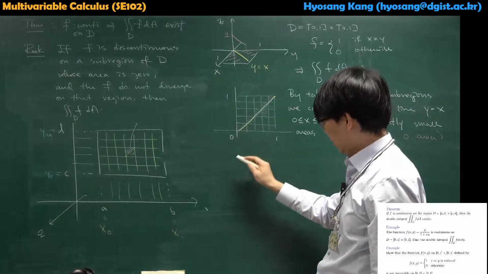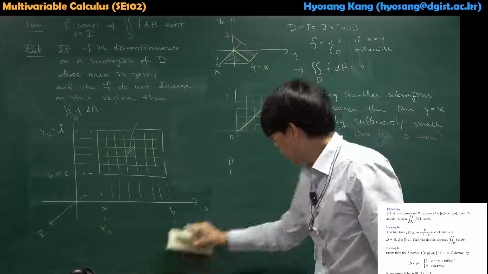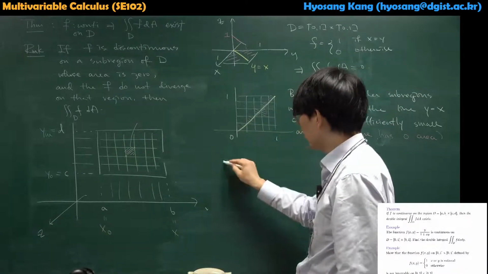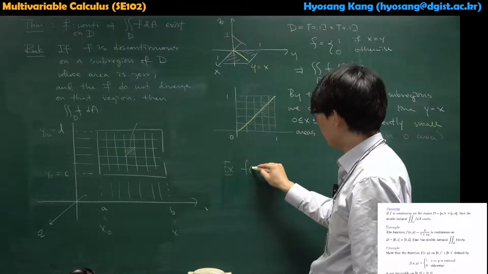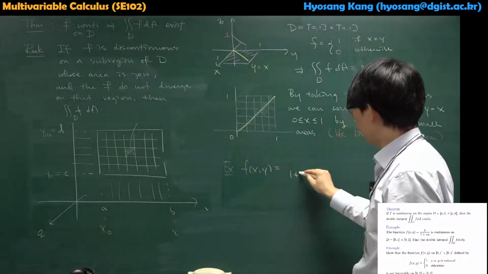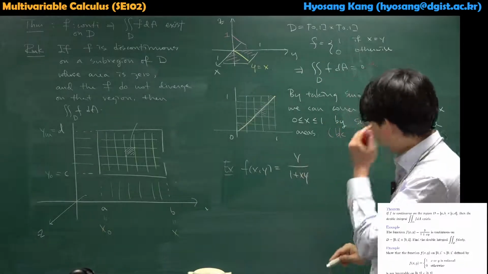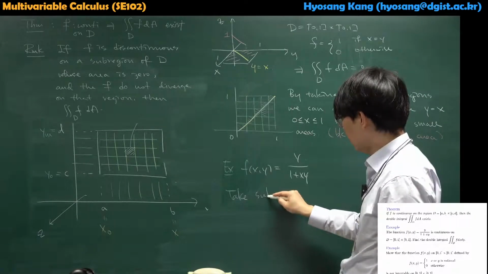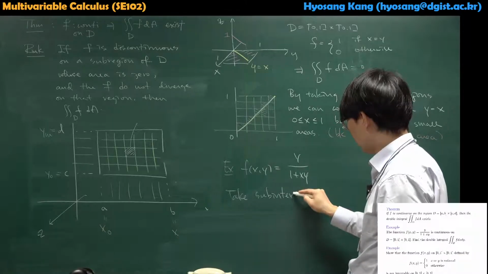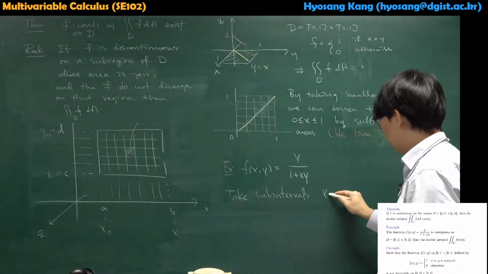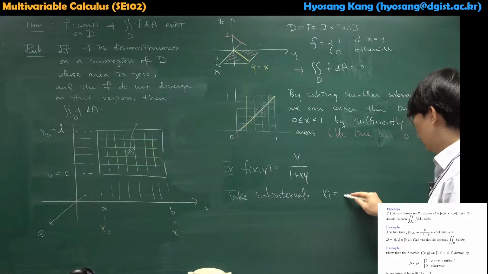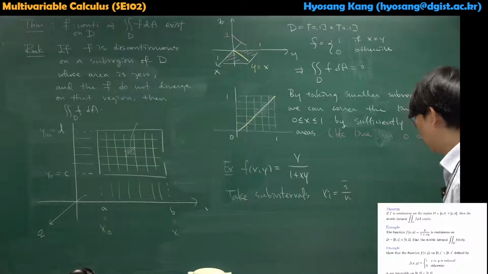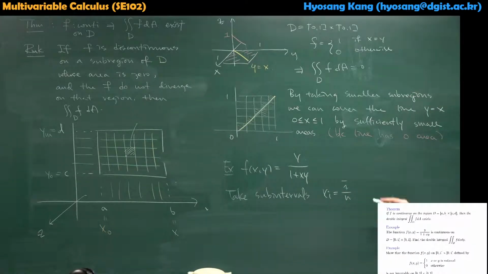First of all, our function is y over 1 plus xy, and let's take subintervals. xi as i over n, and yj as j over n.